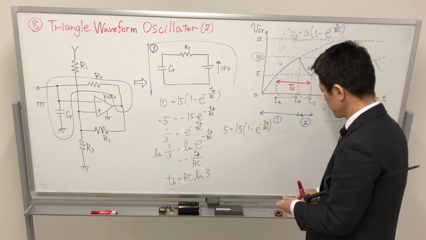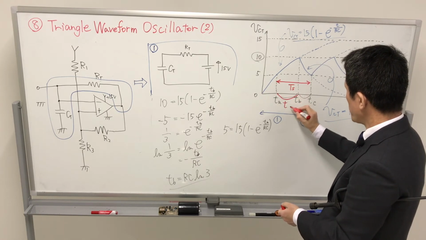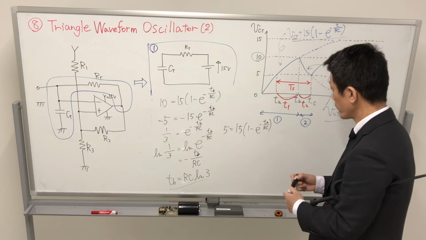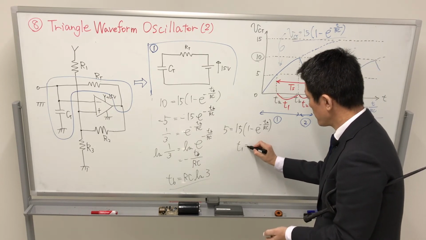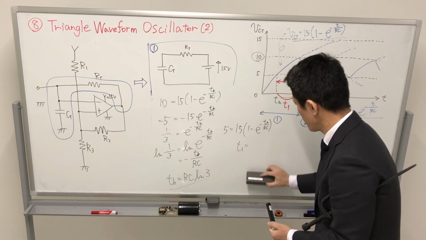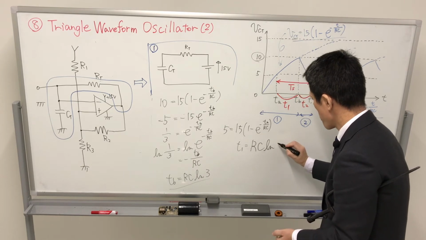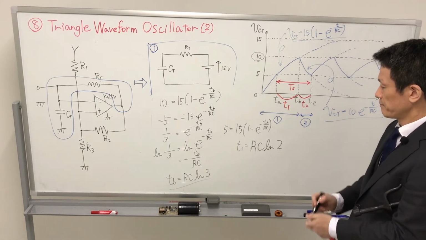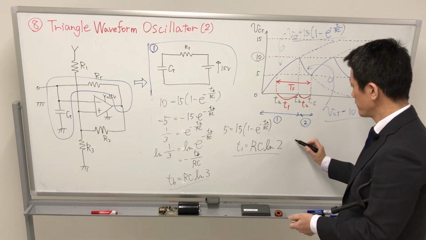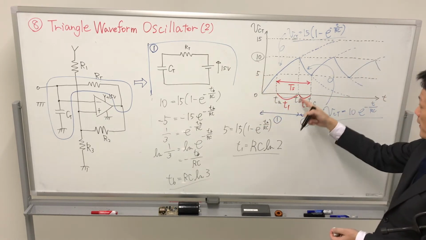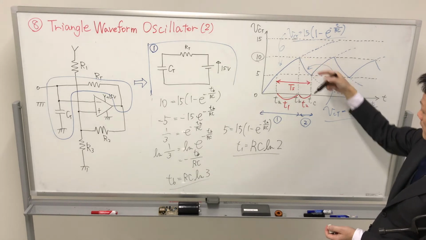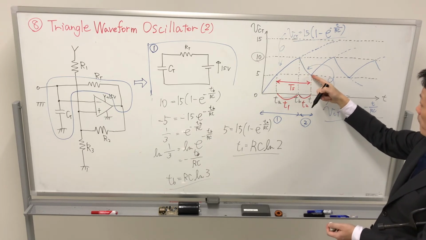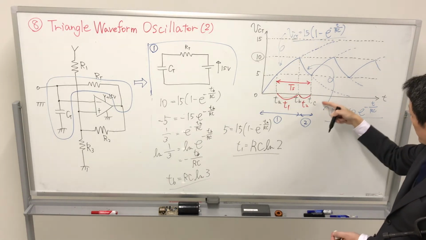Let's call this T1 and this T2. You can obtain that. T1 and T2 differ in the equivalent circuit, and in this one the first value is 10, so the 5 volt point is TC in this equation.